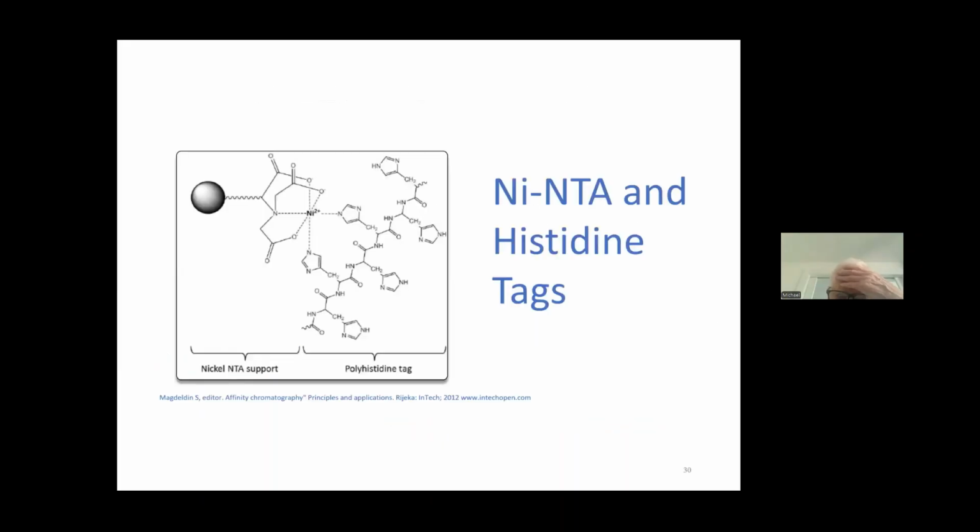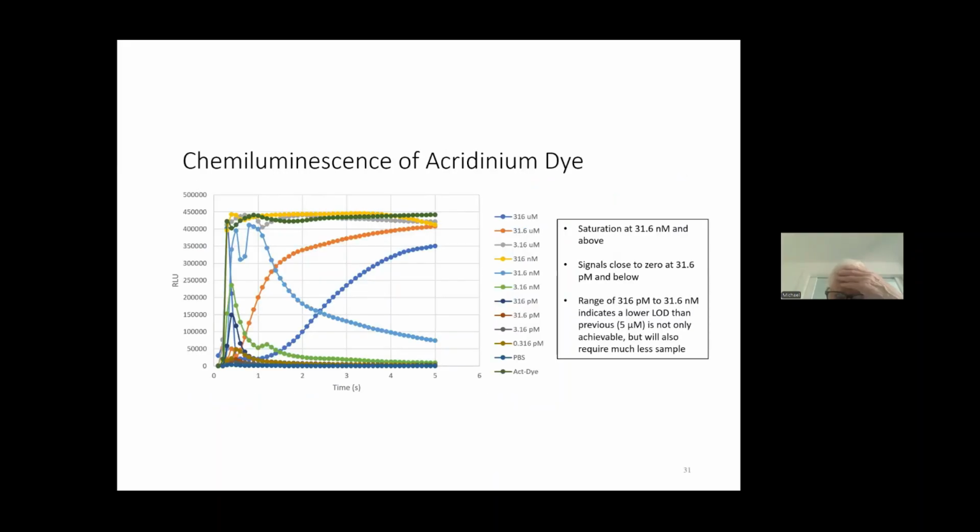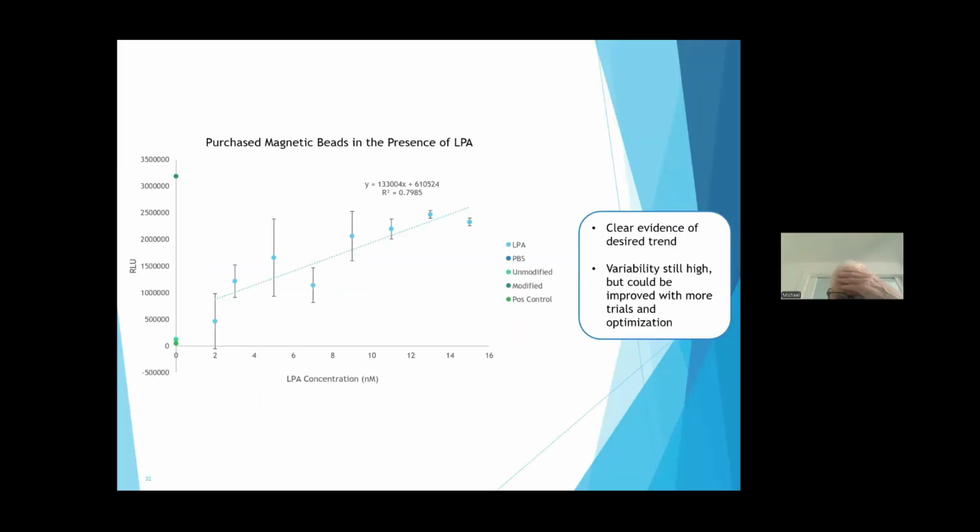We can then put down on the particle surface, using nickel NTA histidine tags, which is a very standard technique in the world of surface chemistry, the gelsolin probe. And this is work we just produced in the last few weeks.